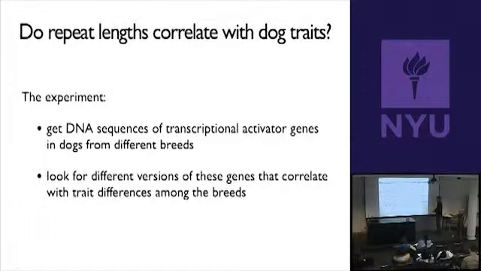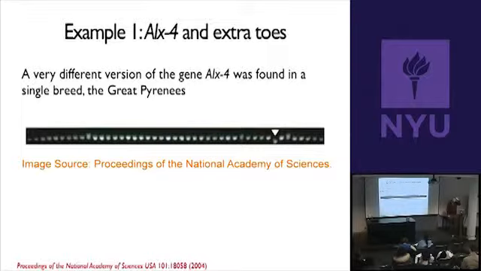They get sequences like that, and they look for correlations between the number of repeats and a particular trait in a particular dog. Okay? And so the first example I want to show you is the ALX4 gene, which it turns out has a different repeat length in one breed, the Great Pyrenees.